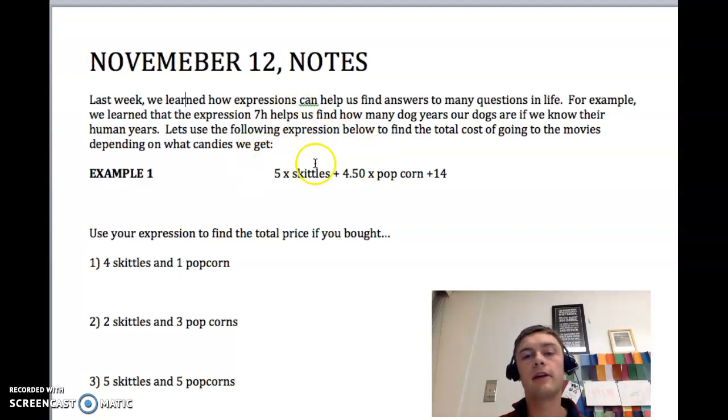So let's say we have another calculator that tells you your total movie cost, depending on how many Skittles and how much popcorn you get. Here's your total cost expression: 5 times how many Skittles you get, plus 450 times how many popcorns you get, plus 14, and that's going to give you your total cost. So that's our expression, and we can use it.